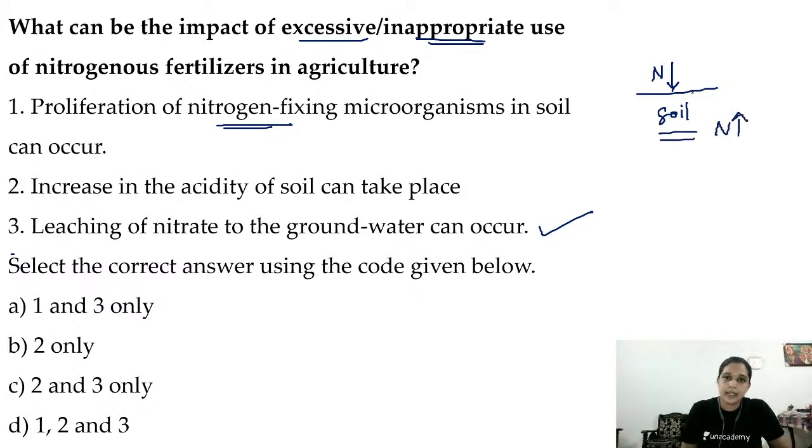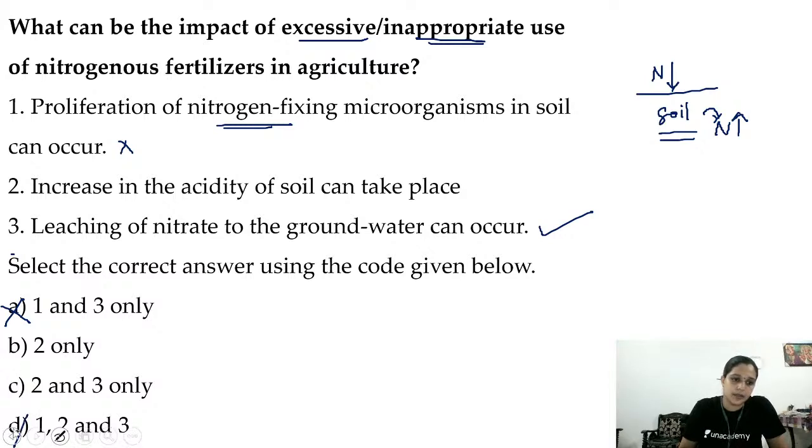So you need nitrogen-feeding bacteria or microorganisms. Since nitrogen is very high, the organism which feeds on nitrogen only will get created, not the one which gets nitrogen from the air. The first statement is wrong. You eliminate the first statement, you get the answer.